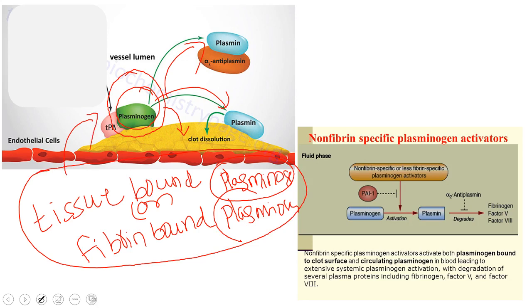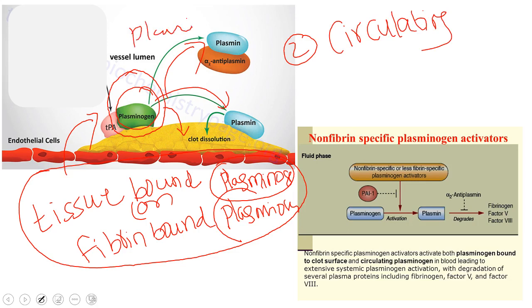And the second type of plasminogen is circulating plasminogen, which is the inactive molecule circulating in the blood. It is not bound, it is not restricted to the site where the injury has occurred.